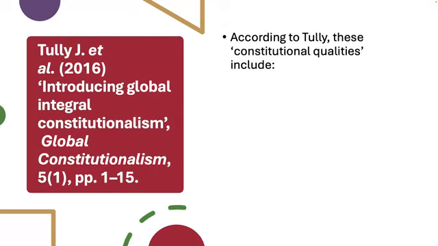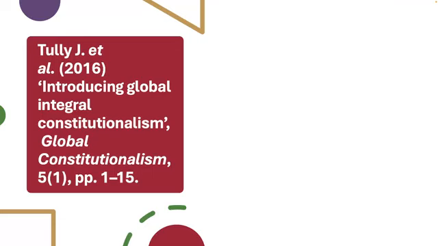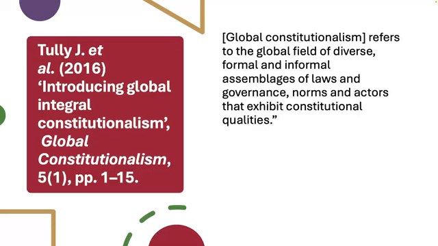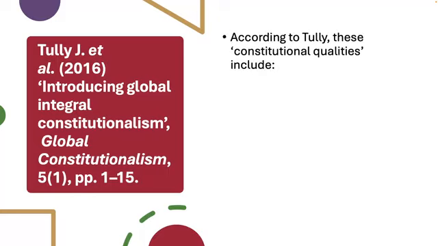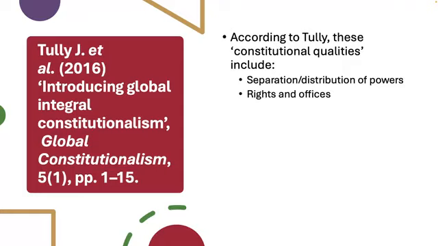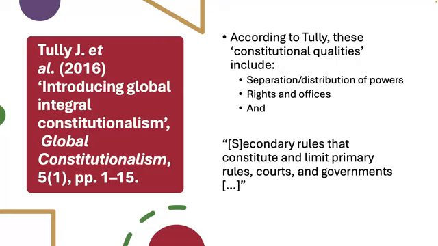According to Tully, these kinds of constitutional qualities that he cites in this quotation include the separation and distribution of powers, the ideas of human rights and principles of rights, as well as secondary rules that constitute and limit primary rules, courts and governments.